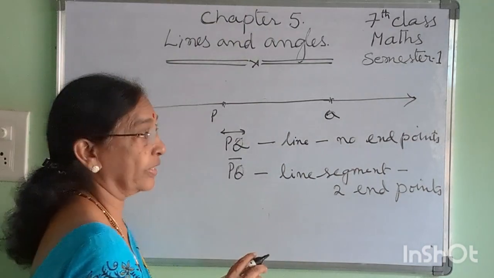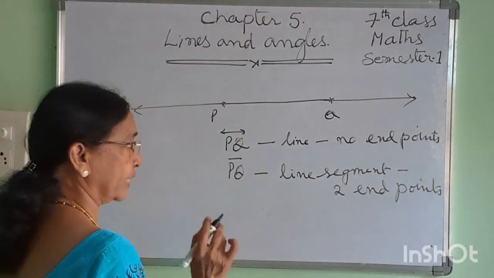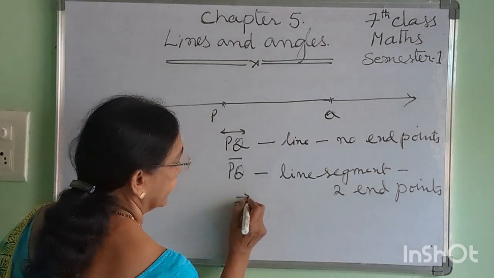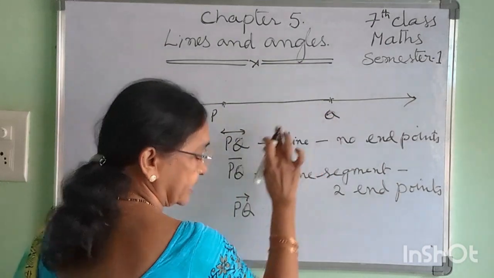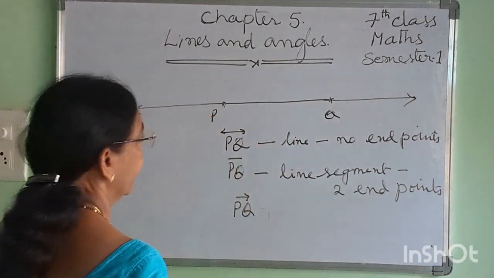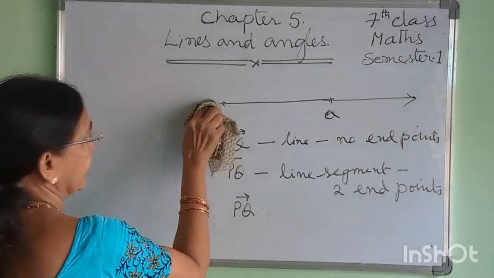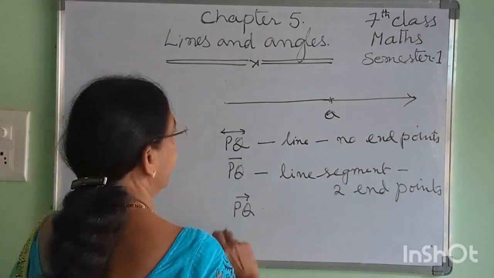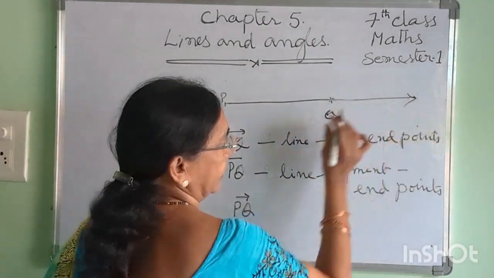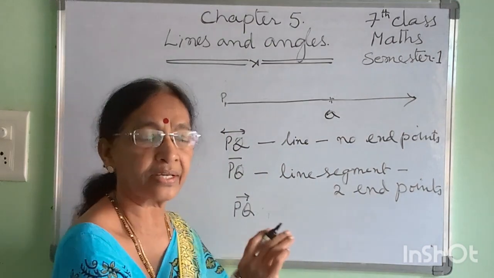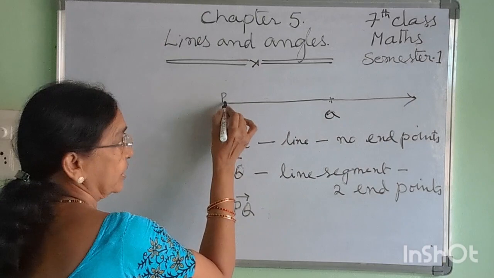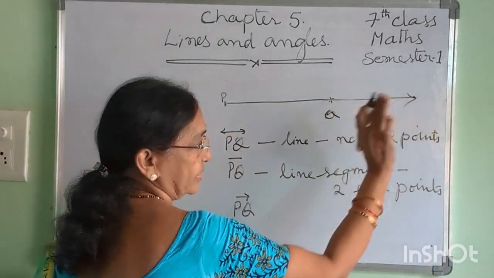And there is another one which has only one endpoint, that is called a ray. If this line segment PQ is fixed at one side, this P is fixed, and it is extended only on one side and not on this side, then this point is fixed and this side is endless.